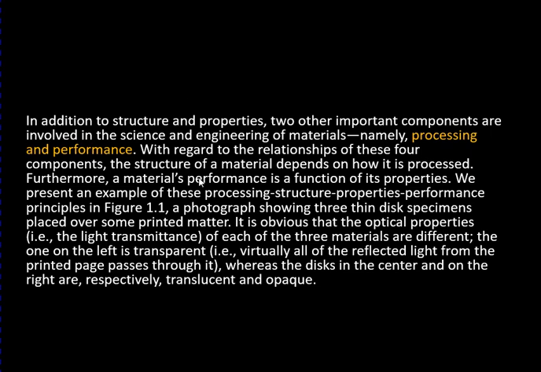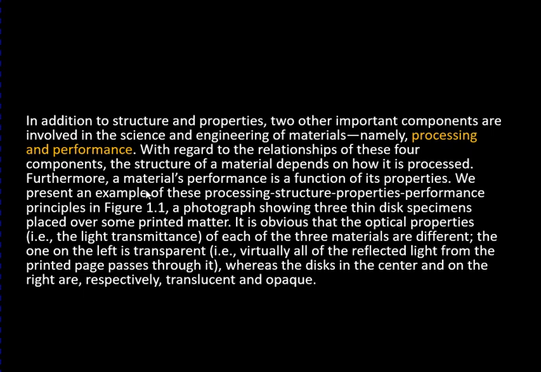Right. So now, with regard to the relationship of these four components, the structure of materials depends on how it is processed. So that means the structure that we get out of a material also depends on how that material is being processed. So the processing method of a material has a very substantial influence on its structure.